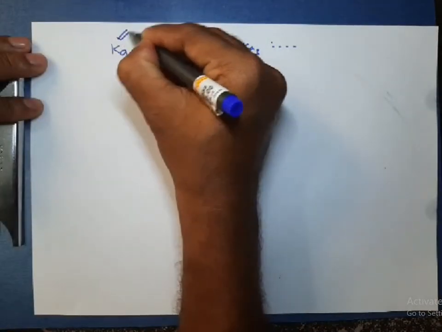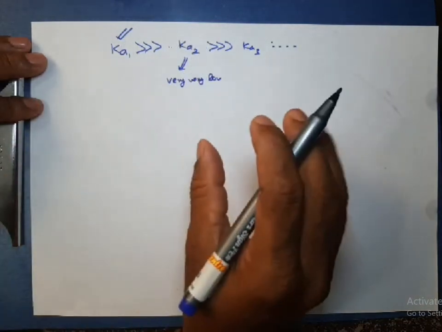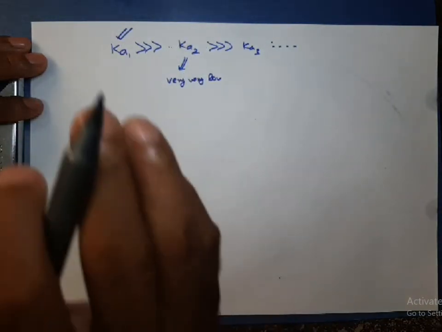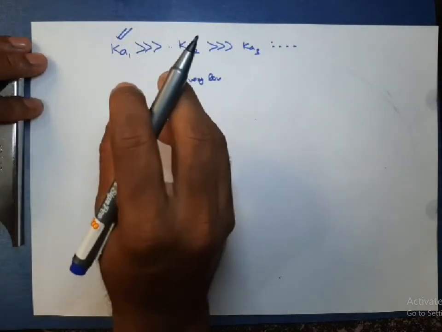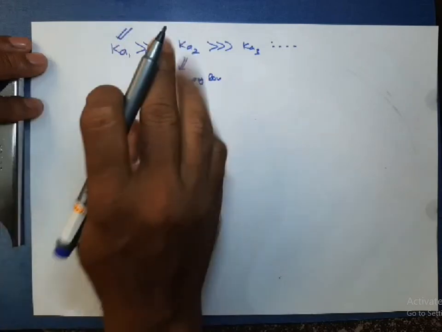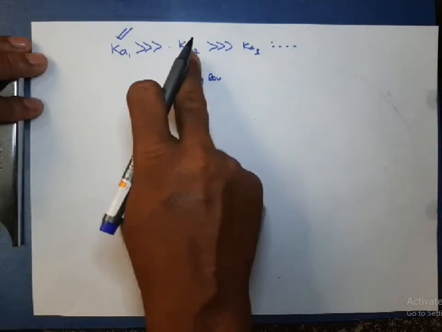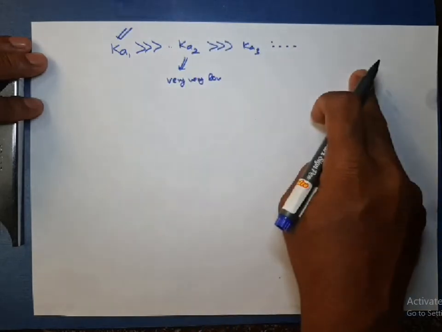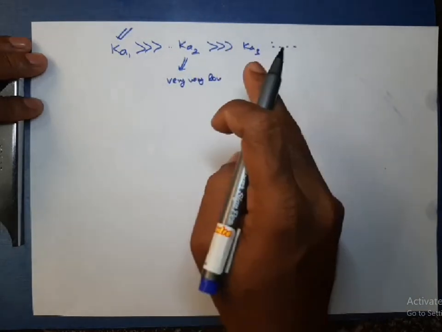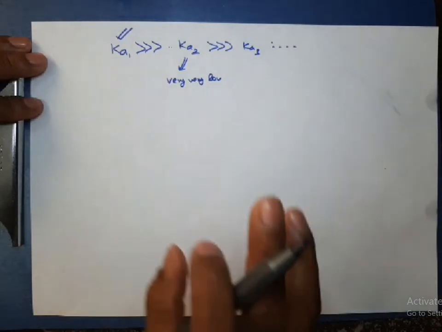Keep this in mind: the first step undergoes the maximum extent of ionization. Almost all the H+ ion present in the solution is due to the first step only. The second step, third step and all other steps have very low ionization constants, so the extent of dissociation is negligibly small.